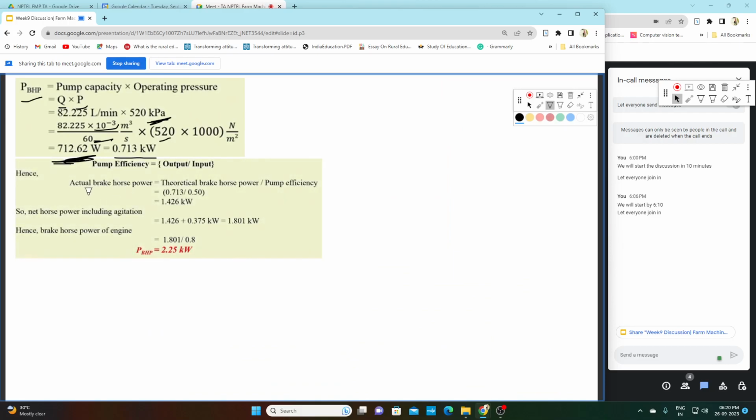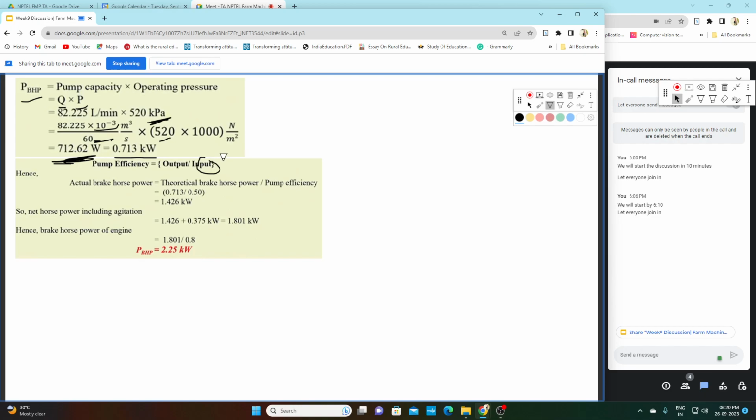First we will do the pump efficiency part. Our brake horsepower has come, but this is the output power, and we want the input power. How will you find the input power?